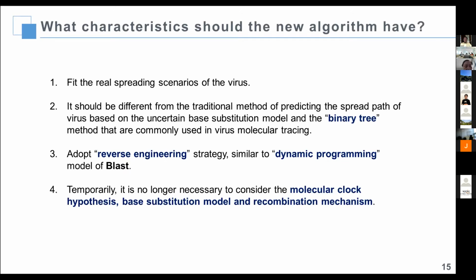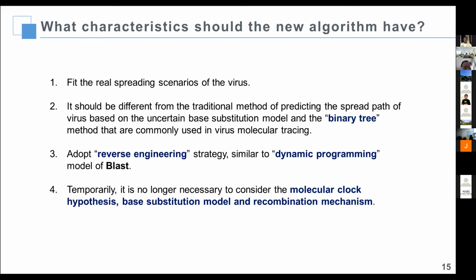Okay, so what characteristics should we develop in the new algorithms for the molecular tracing? The first is it should fit the real spreading scenario of the virus. It should be different from the traditional method of predicting the spread path of virus based on a certain base substitution model and the binary tree method that is commonly used in virus molecular tracing.